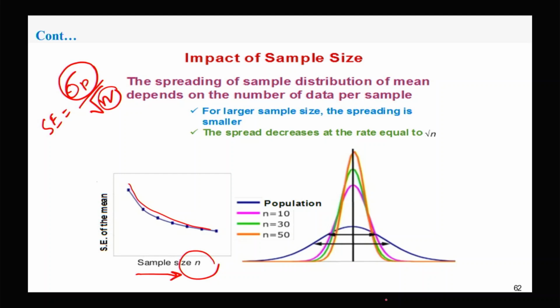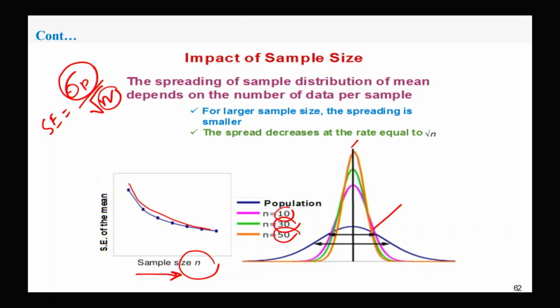If you see here, as I have discussed, the black line is where only one data point is there, which means it is the mean value. If you take 10 data points in a sample, you get the purple plot, then the green plot is 30 individuals, and then 50.